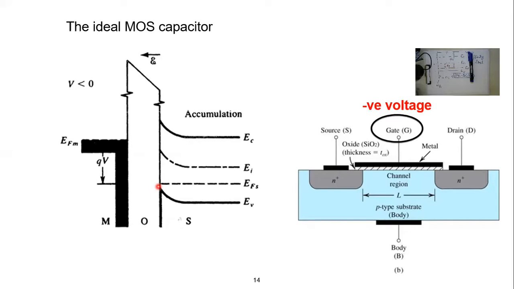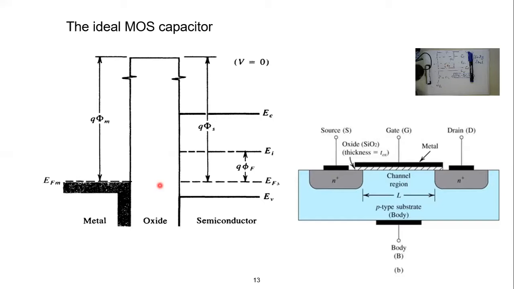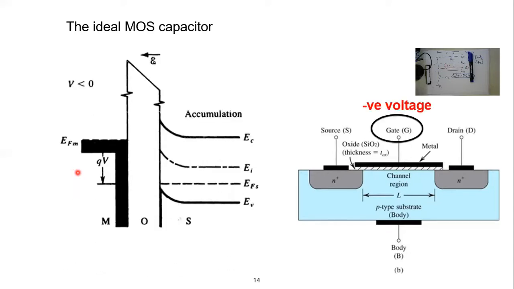Another very important sign, my dear students, is that in thermodynamic equilibrium, the EFS and the EFM are aligned together because there is no applied voltage. But now, the EFM and the EFS are not aligned together. As you can see, we have this shift, and this shift is equal to the applied voltage, this negative voltage.